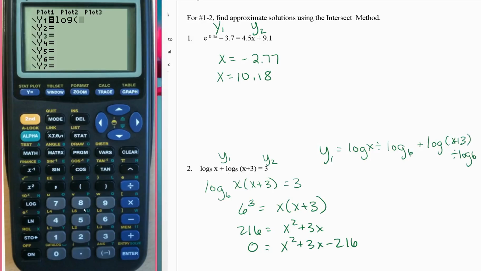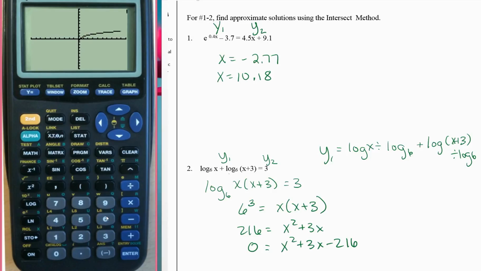And then in y2 we're going to put 3. And I'm going to hit zoom 6 just so we go back to the standard window.